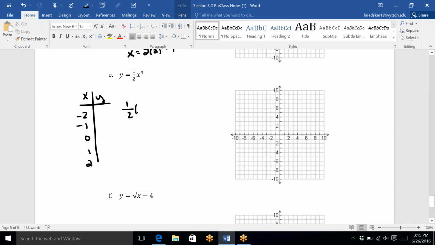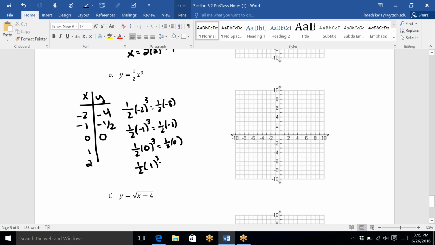So 1/2 of -2 cubed: that's -8, so half of -8 is -4. 1/2 of -1 cubed, well, that's 1/2 of -1, so that's just -1/2. 1/2 of 0 cubed would be 1/2 of 0, so that's just 0. And 1/2 of 1 cubed would be +1/2.